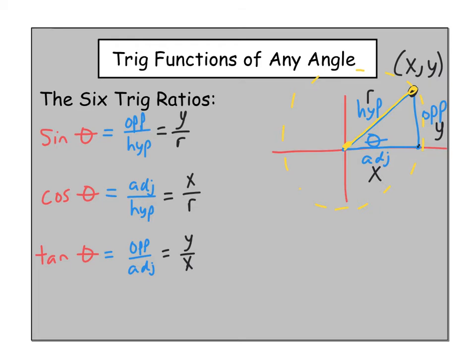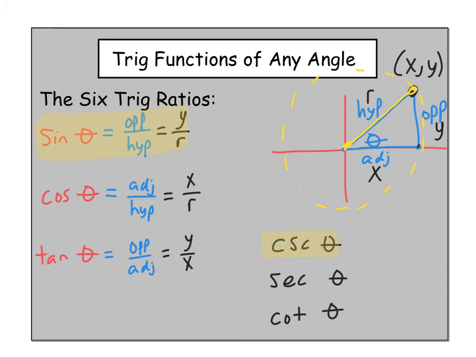So the cosecant, the secant, and the cotangent. Okay, so cosecant, secant, and cotangent. And really, like I was saying, they are just the reciprocals of one of the original 3. So sine actually gets paired up with cosecant.